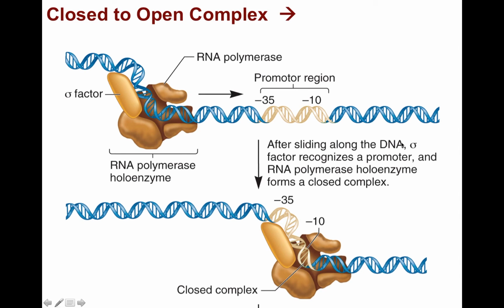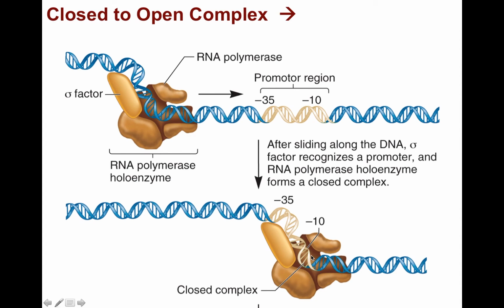After sliding along the DNA, the sigma factor recognizes the promoter, and RNA polymerase holoenzyme forms a closed complex. Here it is bound tightly to the DNA at this position, with sigma factor interacting with the -10 and the -35 and RNA polymerase holding on to the DNA.